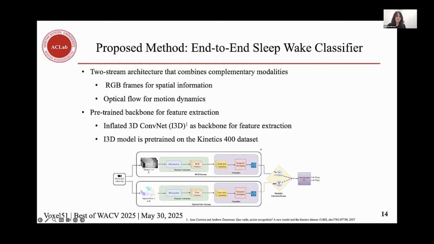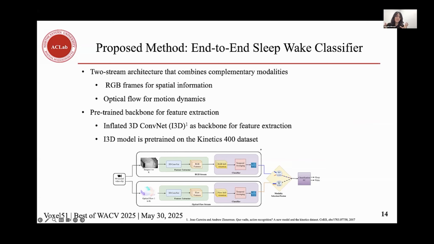We use the inflated 3D convolutional network, I3D, as the backbone for our feature extraction. We decided to use this approach because it has been shown to be very good at capturing spatiotemporal patterns in video data.